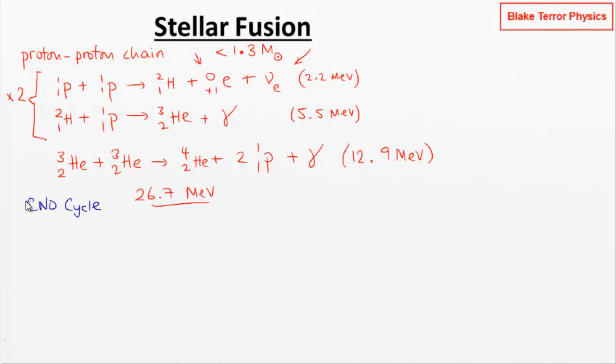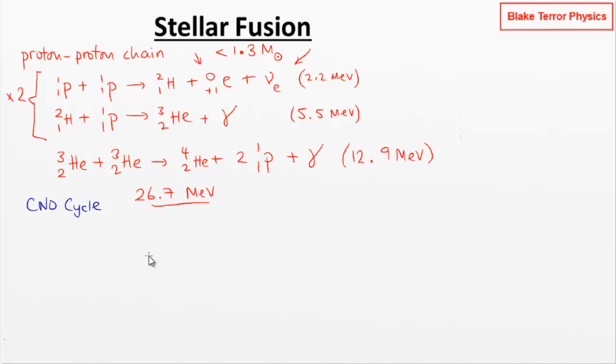And the CNO in the name here refers to carbon, nitrogen and oxygen, which act as catalysts at various stages in the cycle. So that means that they're used throughout the CNO cycle in order to help the nuclear reactions take place. But once we've got to the end of the cycle, no change has actually happened to the carbon, nitrogen and oxygen.